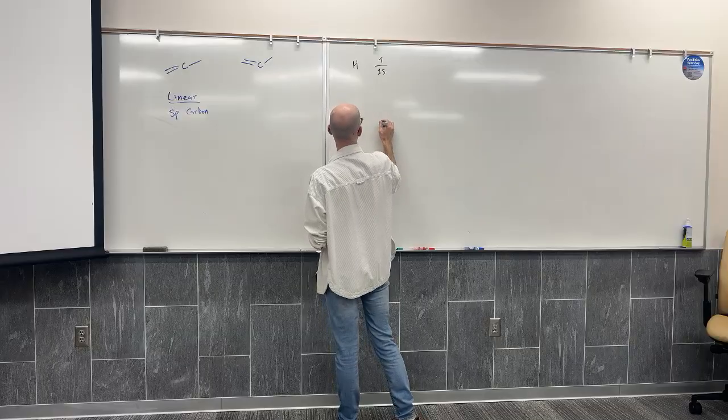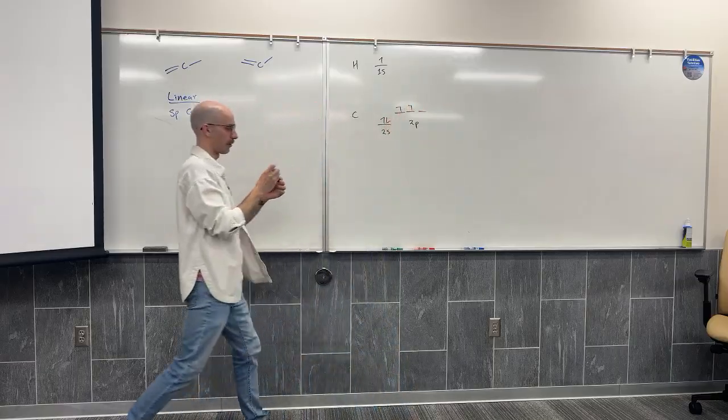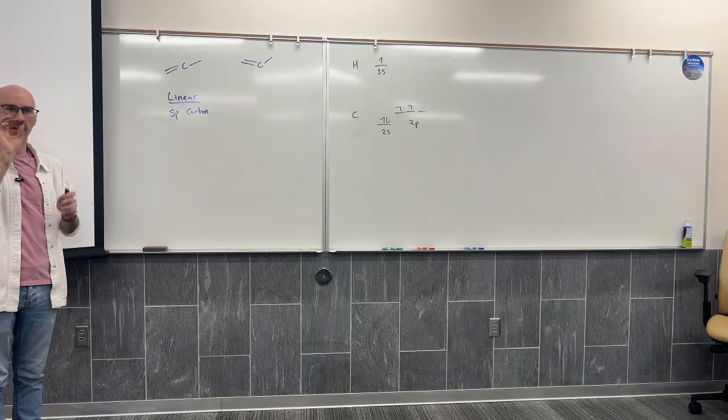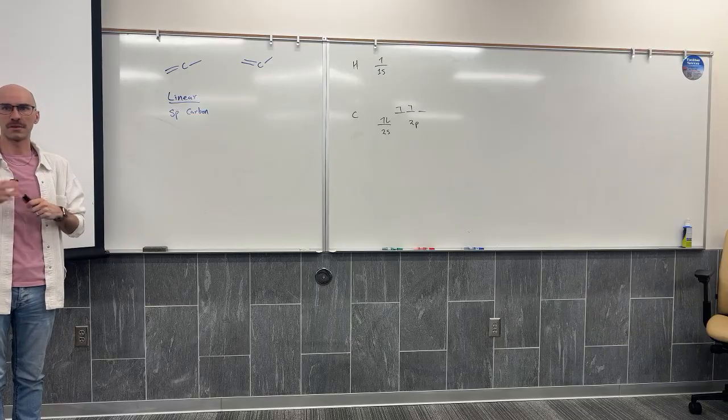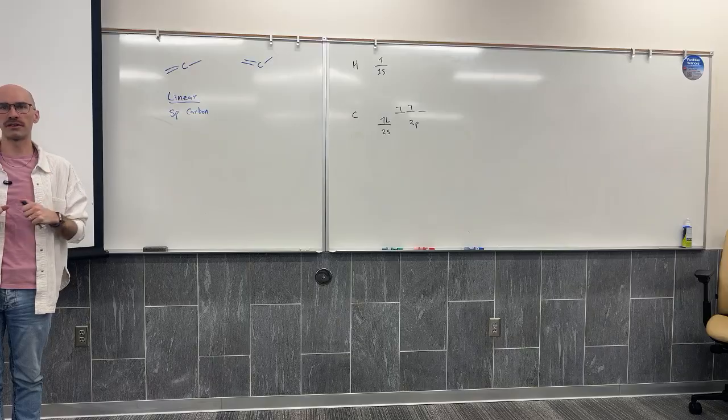But for things like carbon, we have to deal with the 2s and the 2p orbitals. These are the orbitals of the free atom. But they're not arranged very well to be useful in bonding.